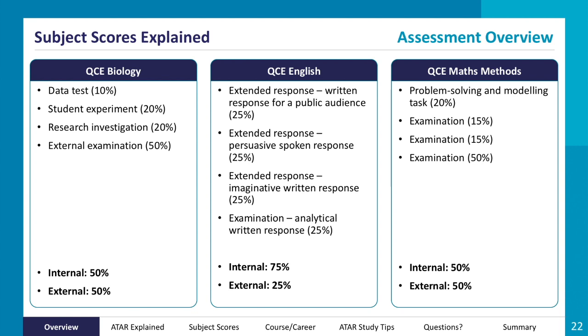So you can see here that there is a different kind of structure for each subject, both in terms of weightings and also in terms of the actual assessment type. This is just a quick overview. Again, for more detail on each of these subjects, you should consult QCAA directly. But you can even see down the bottom there the difference between internal examinations and also external examinations for each subject.